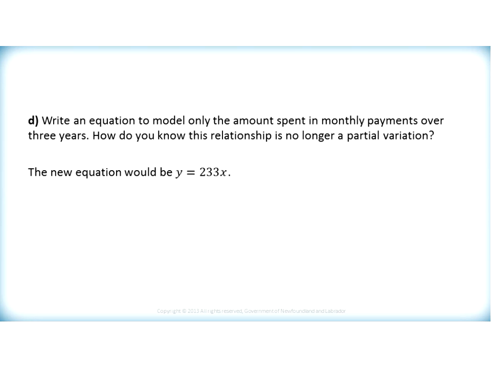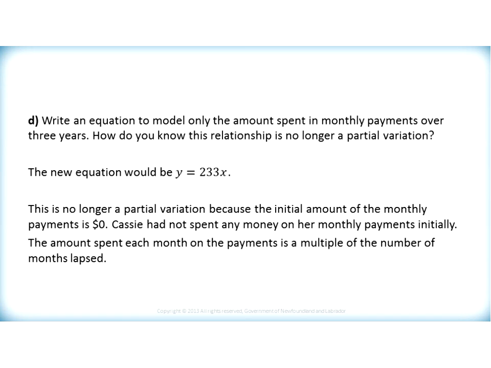So the amount of money she has paid out in total is going to be a multiple of however many months she has made payments. That is what a direct variation does. And it's no longer a partial variation because the initial amount of the monthly payment is $0.